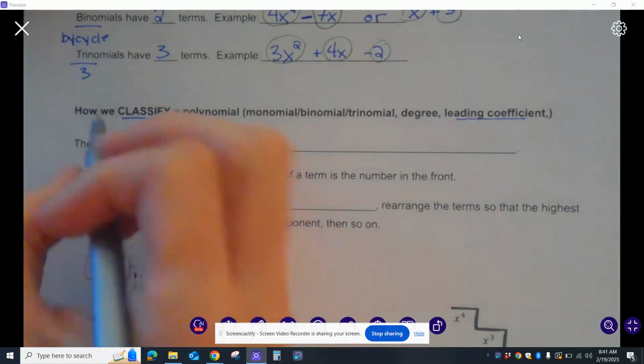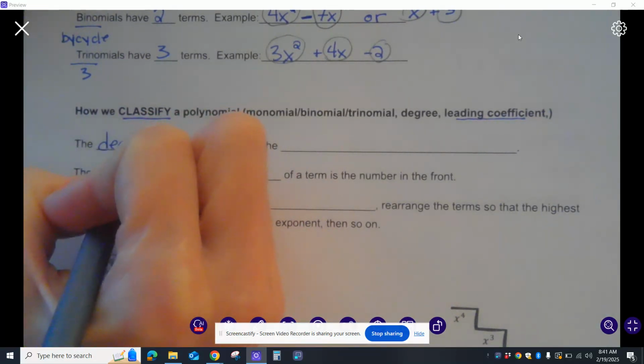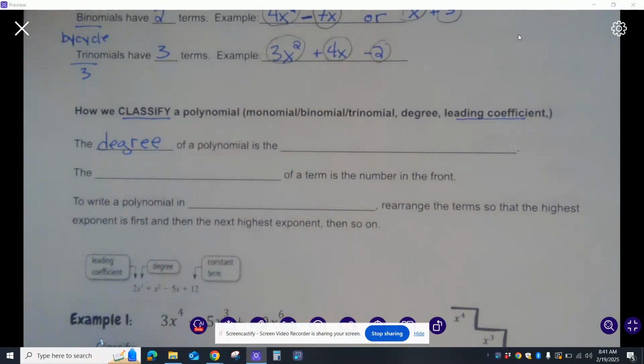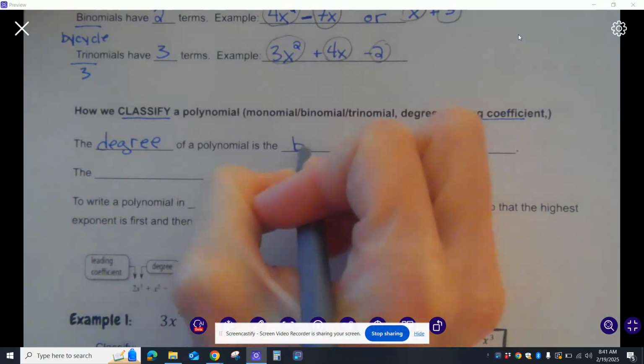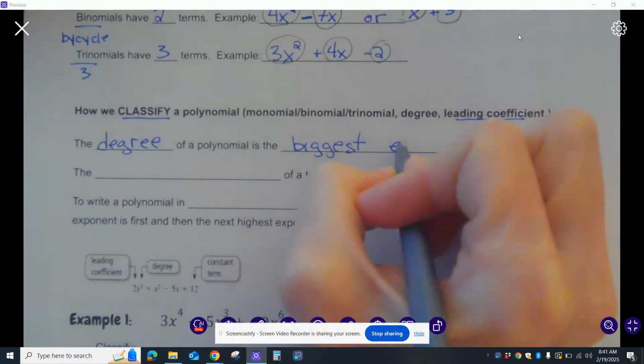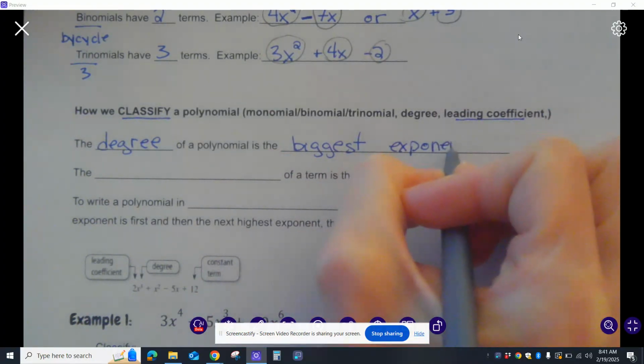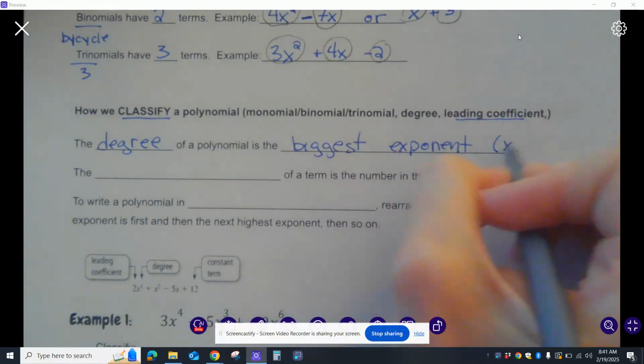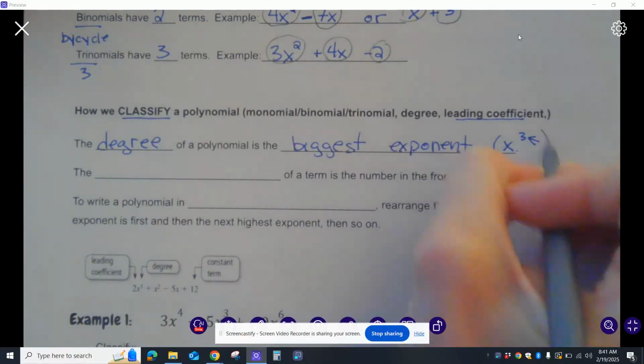So the degree, we talked about that, is one way that we classify a polynomial, and to determine the degree, we find the biggest exponent. Right, so like x to the third, that would be your exponents.